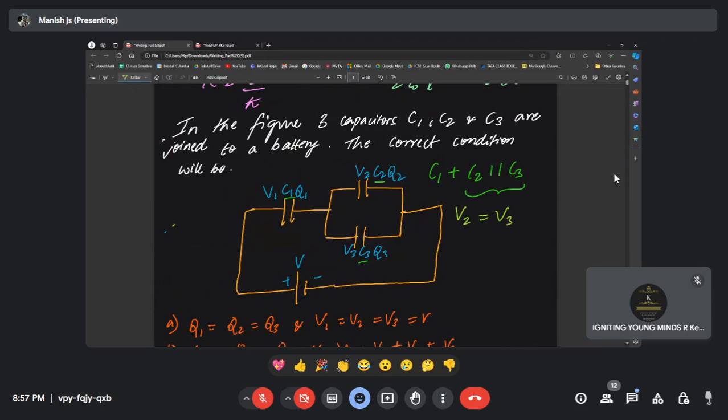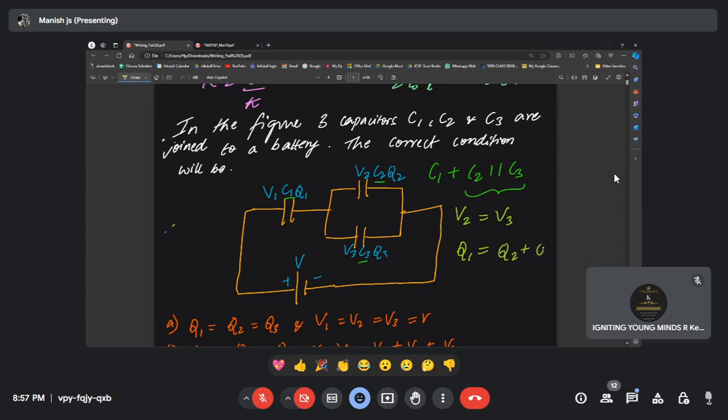But what about the charges for each capacitor in a parallel combination? The charges are different. So the total charge in this system, Q1, is equal to the sum of both the charges, Q2 plus Q3, because both of them are in parallel.